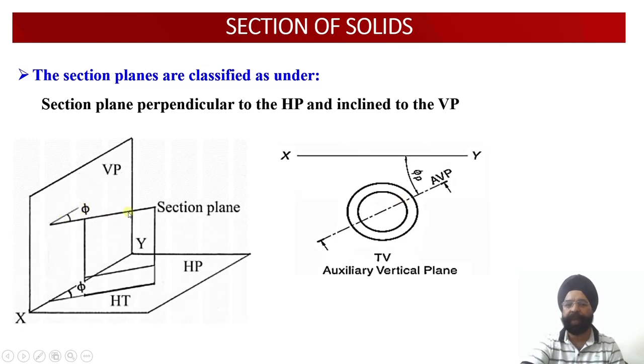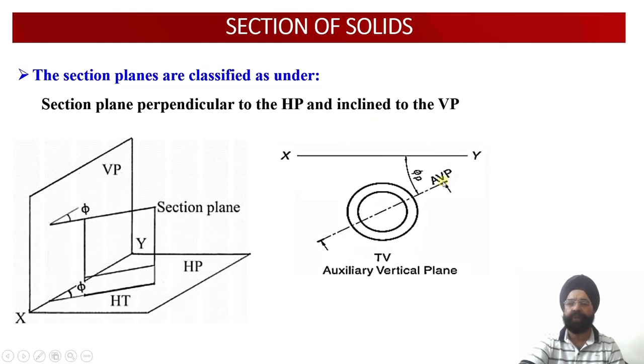Why is this going to happen? Because our cutting plane is inclined to the vertical plane at a given angle phi. Since the cut section is at an angle phi with respect to the vertical plane, its projection onto the vertical plane, that is in the front view, will provide us the apparent projections of the cut section.